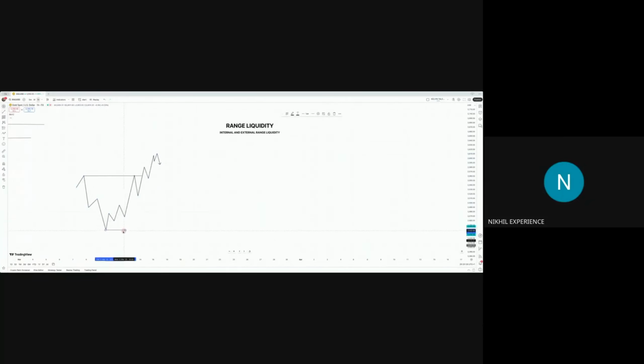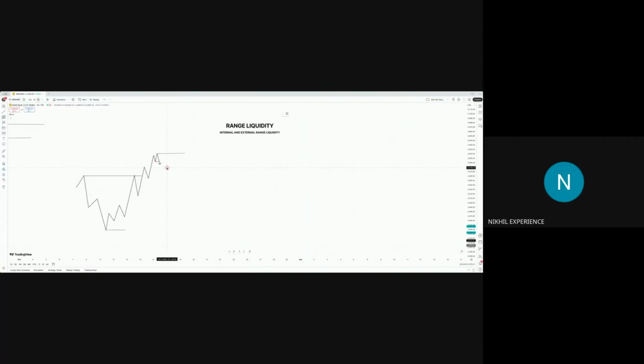Higher low, higher high. How did I confirm this higher high? Do I really need to be repeating this? I'm pretty sure you all know that to confirm a range high or a swing high, we need a change of character. That is price taking out the minor structure.